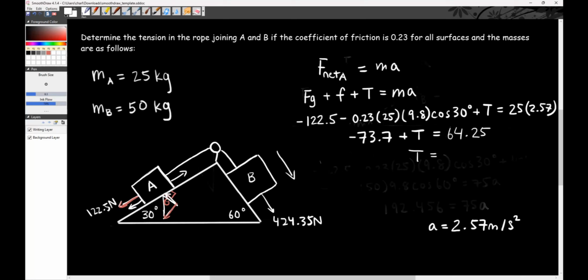So it turns out my calculator actually did this wrong. It's actually supposed to be negative 122.5 minus 48.8, which is the force of friction, but my calculator did not do it correctly. So it was supposed to be negative 171.3.